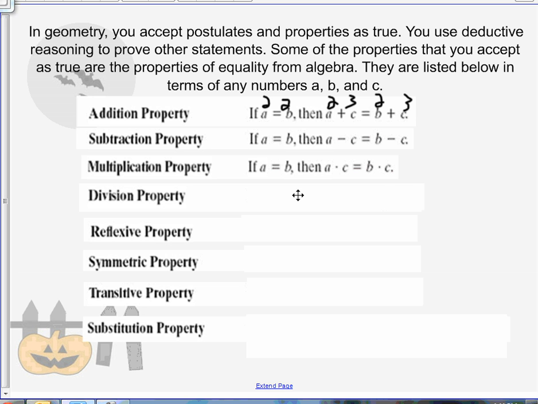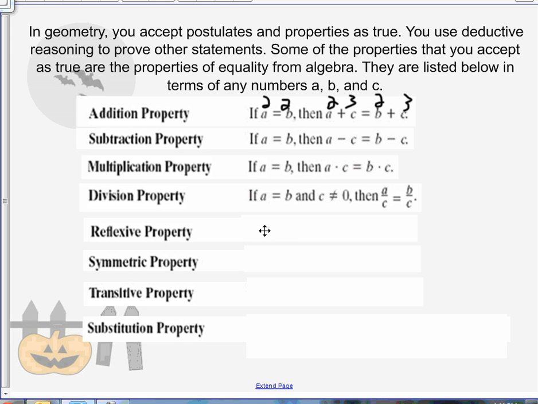And division, if you haven't already guessed, if A equals B, and C is not 0, then A divided by C will equal B divided by C. The trick here is that C cannot equal 0 because any number divided by 0 does not exist, okay?